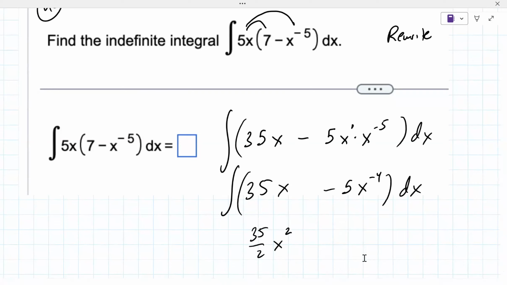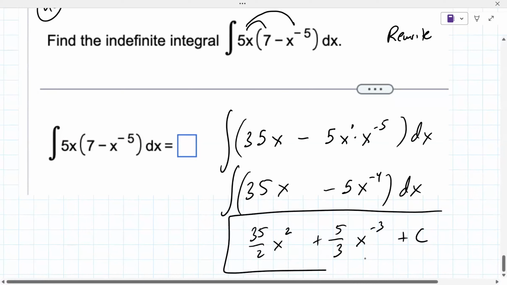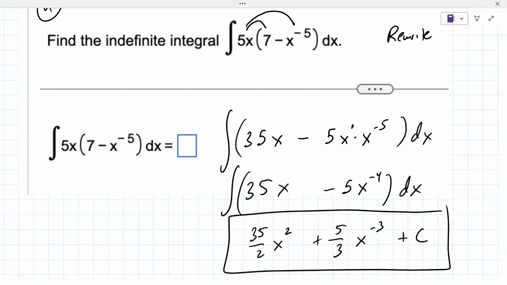Okay, 35 over 2x squared minus 5 over 3x to the negative 3 plus c. Yes. Really good. These make more sense than I remember them making.